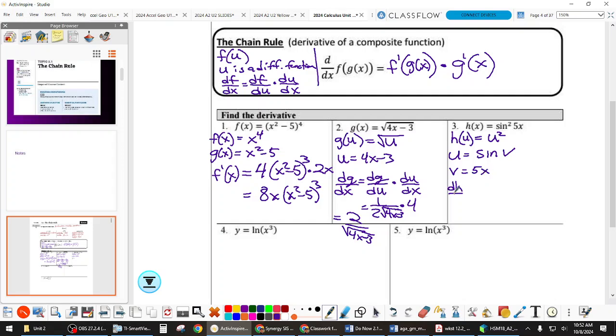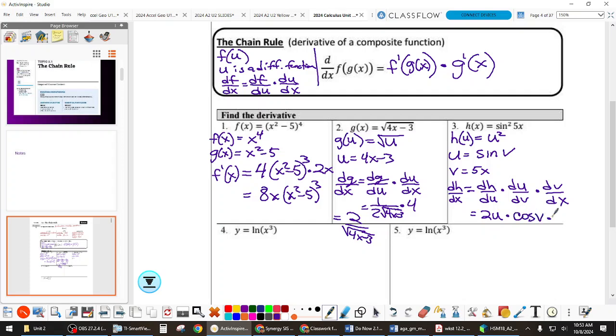So dh dx, in symbols first, is dh du times du dv times dv dx. Everybody follow? Working outside in. Okay? So dh du, what is the derivative of u squared? 2u. Okay? And then du dv, what's the derivative of sine of v?